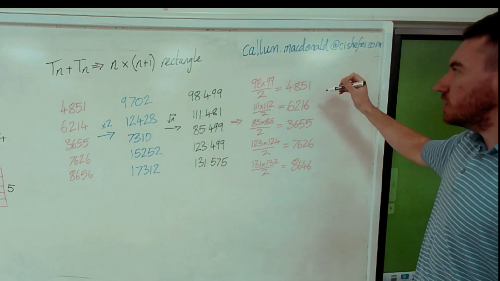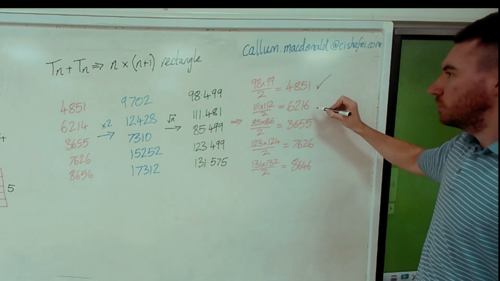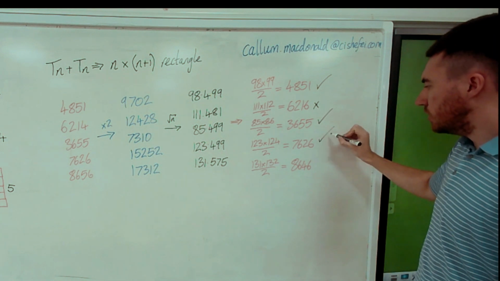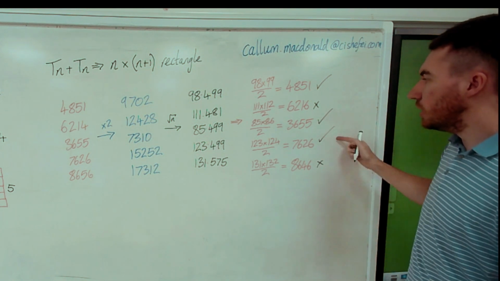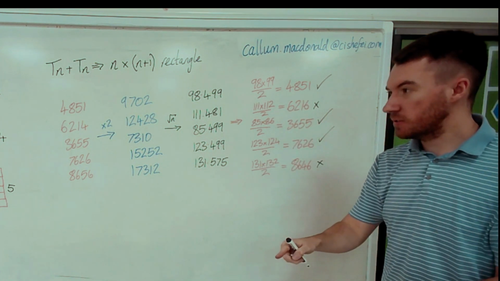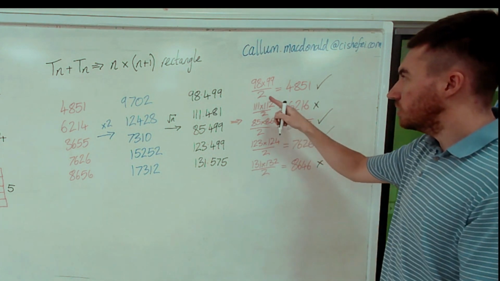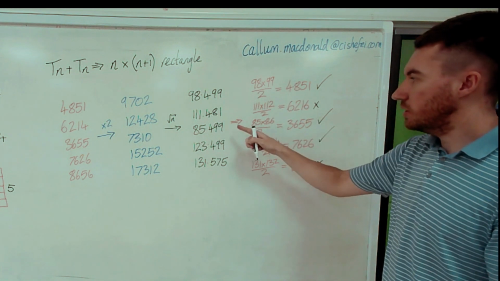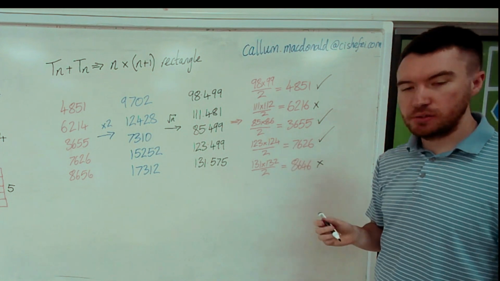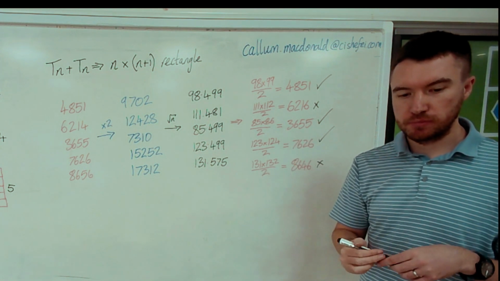But we can see that this one is equal. This one is not equal. This one is equal, this one is equal, and this one is not equal. So these three are triangle numbers with dimensions. The rectangle has dimensions 98 and 99. This one has 85 and 86, and this one has 123 and 124 for the rectangles.